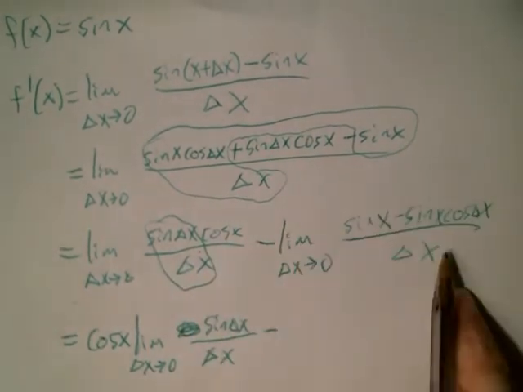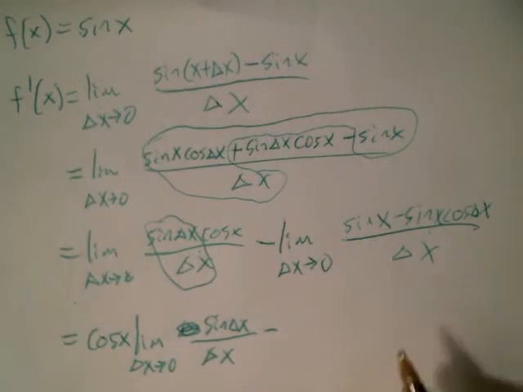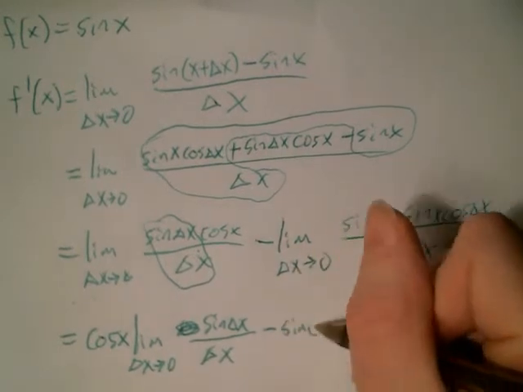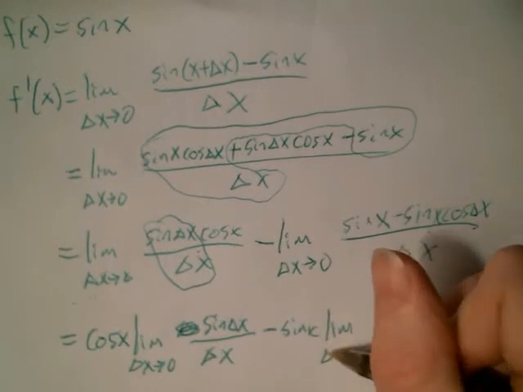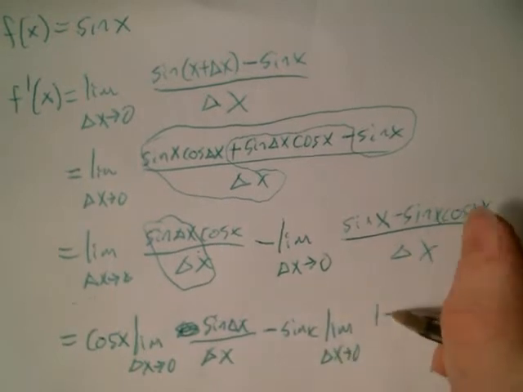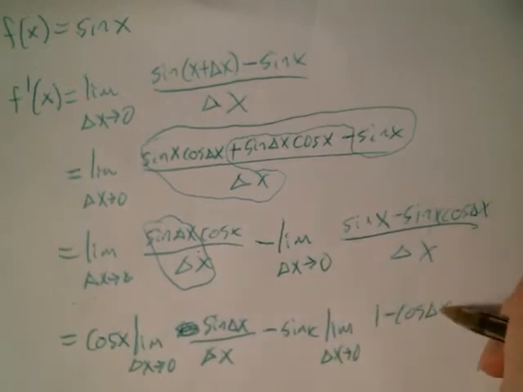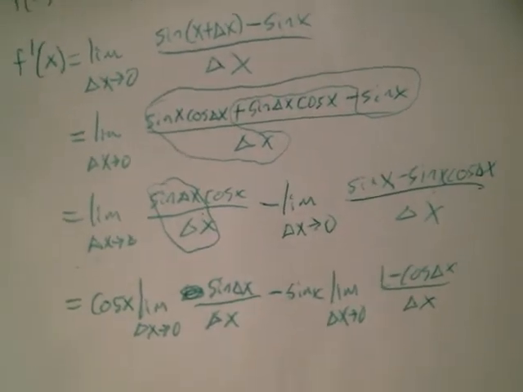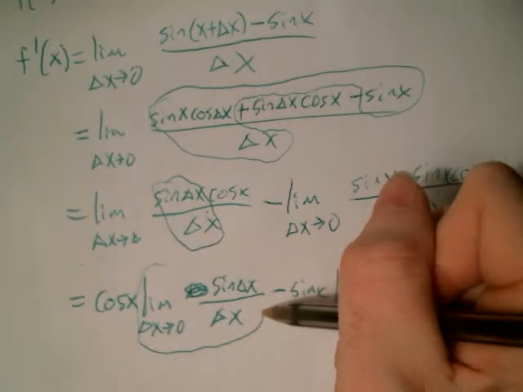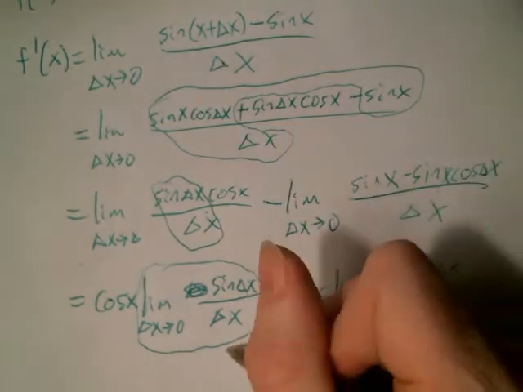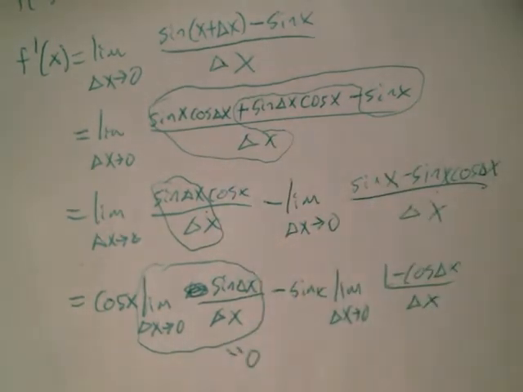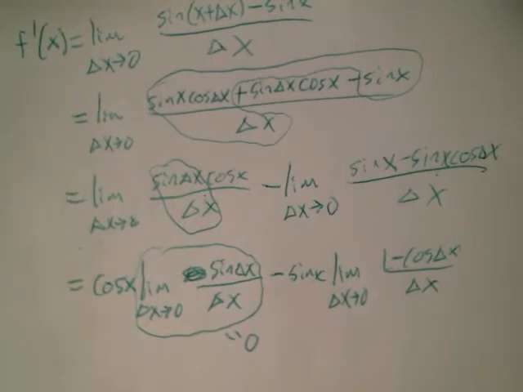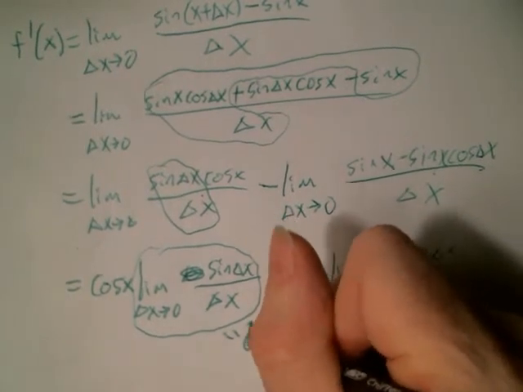And then minus, over here, you can factor out sine x. So it'd be minus sine x times the limit as change in x goes to 0 of 1 minus cosine change in x all over change in x. Okay, so this character we know is equal to 1. Sorry about that.